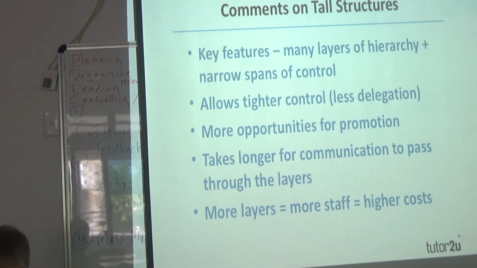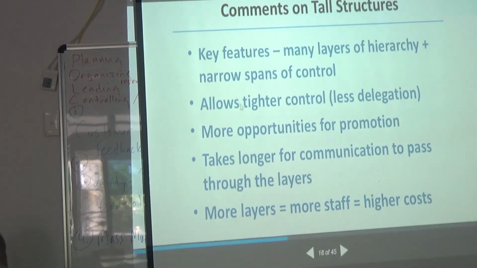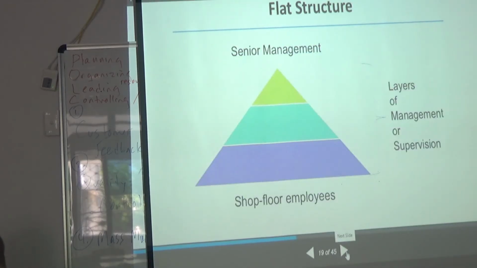And the costs associated are going to be higher, right? Management is more expensive than staff. So the more managers you have, the more expensive your entire staff cost is going to be. Staff costs are generally one of the 2 or 3 highest costs for almost any organization. So costs are going to be higher. Compare that with the flat structure.